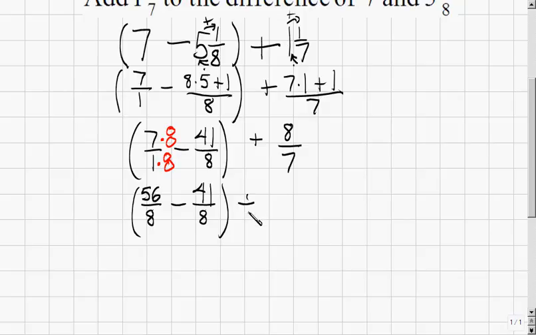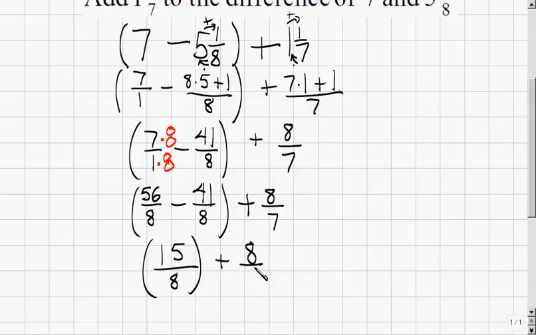Similarly, we'll write down our other fraction, 8 over 7, which we'll work on in a second. But first, 56/8 minus 41/8, now that we have common denominators, we'll subtract the tops. And 56 minus 41 will leave 15 over 8. Now we have a single fraction that we can add to 8/7.